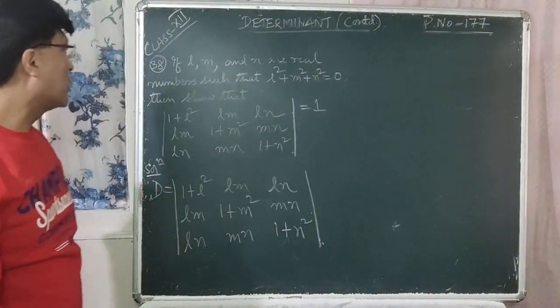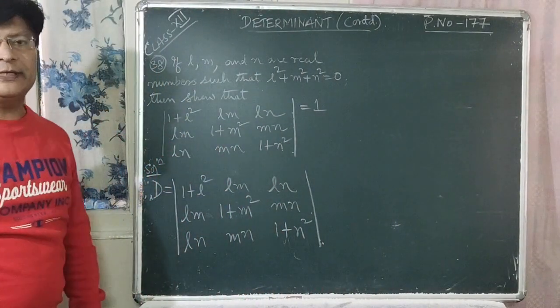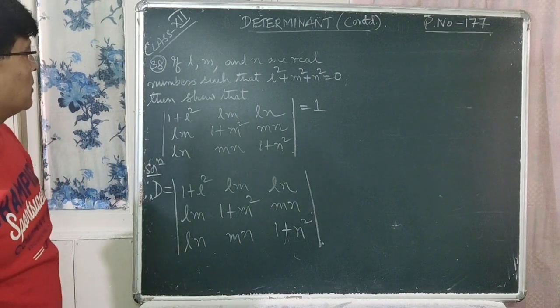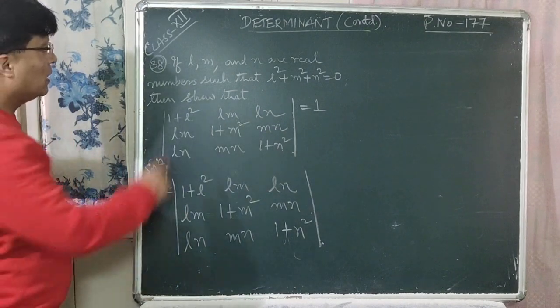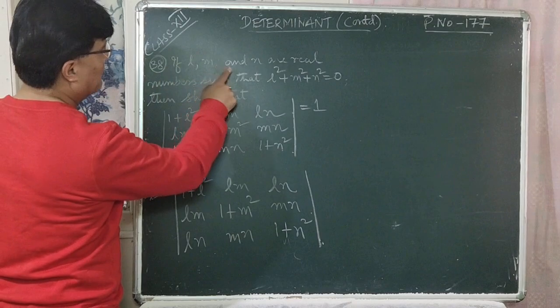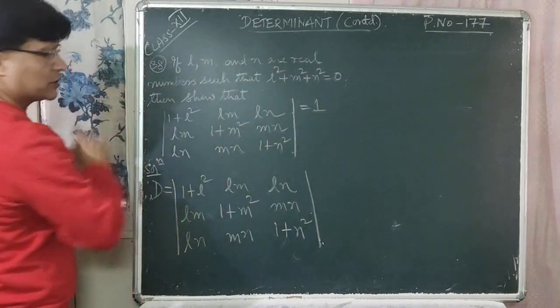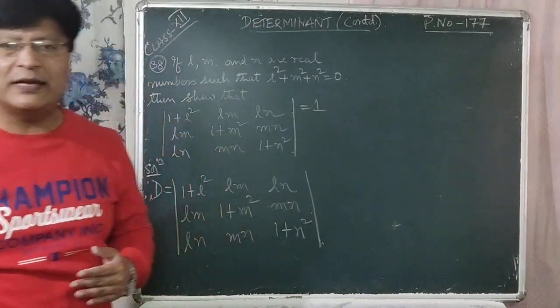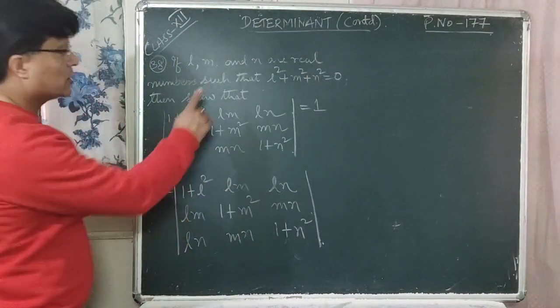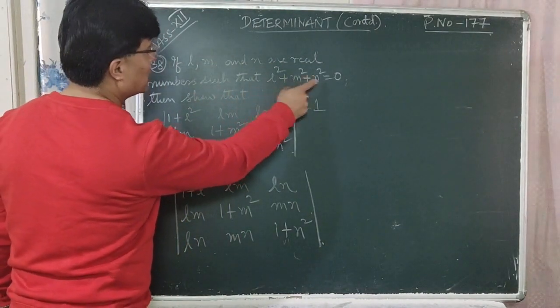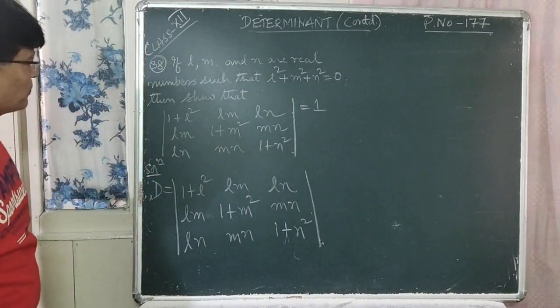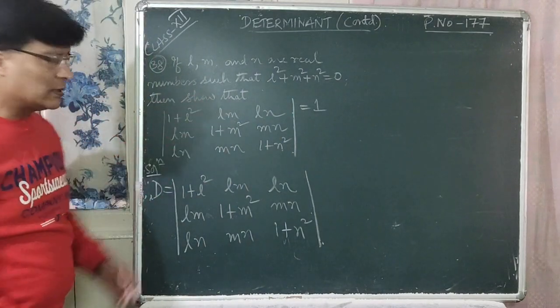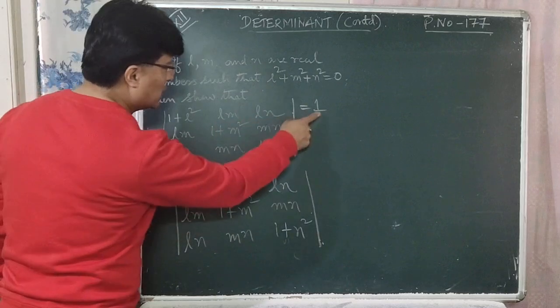So now we will do question number 38. So what is given here? If l, m and n are real numbers such that l square plus m square plus n square is equal to 0, you have to prove that this third order determinant is equal to 1.